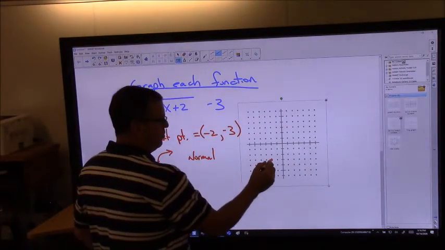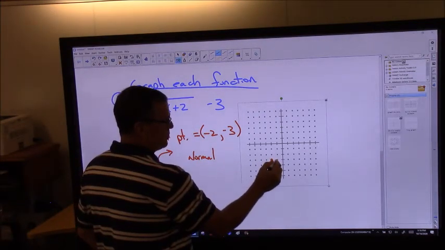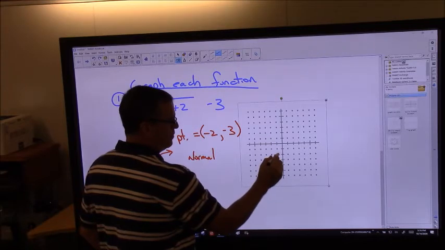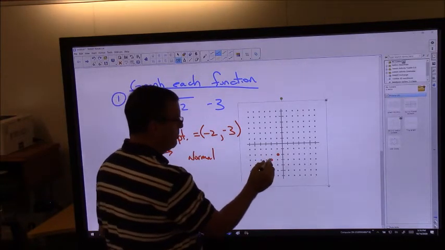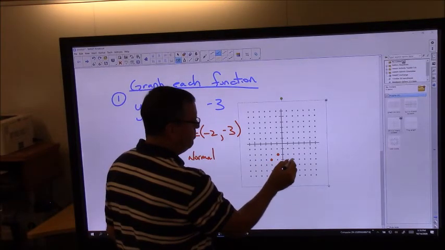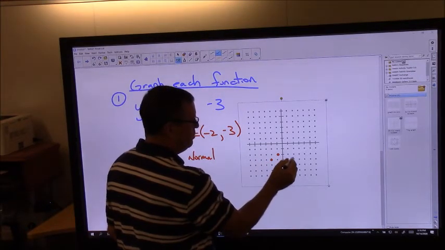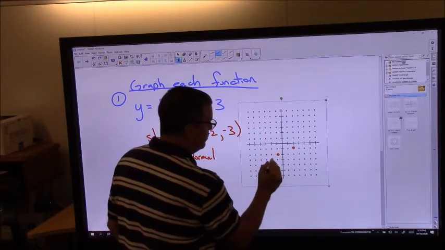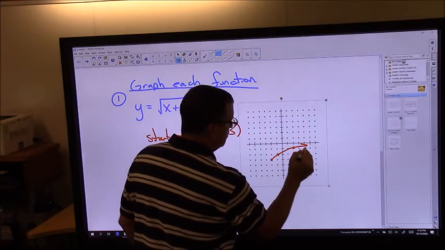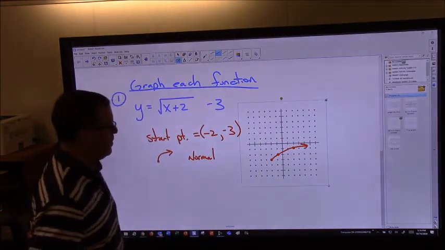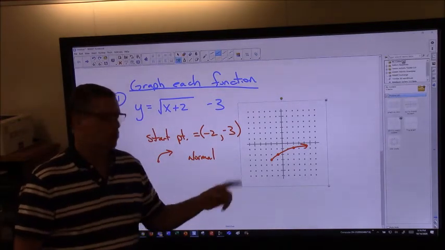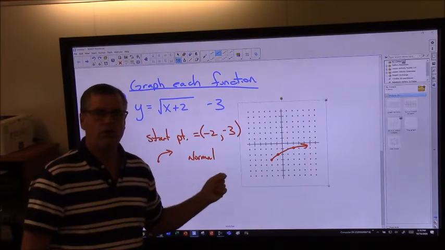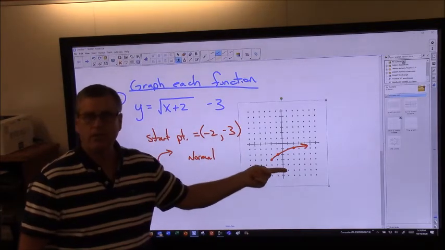Well, if I go 1 unit over, I need to go up the square root of that, which is 1. The next number I know the square root of is 4. So I'm going to go over 1, 2, 3, 4 units. Square root of that's 2, so go up 2. A lot of times people ask, Mr. Judson, how am I supposed to know whether I square root the distance or square it because it's a parabola?